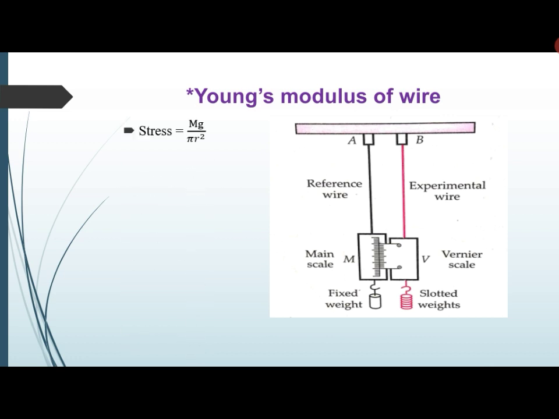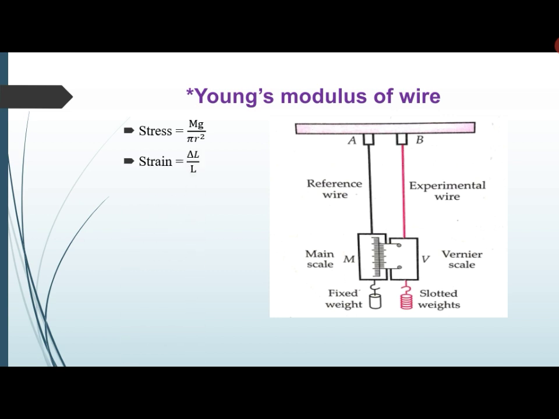As we know, the formula for stress is force upon area. So M is the mass and g is the acceleration due to gravity. So this represents the force, the downward force acting on the experimental wire.